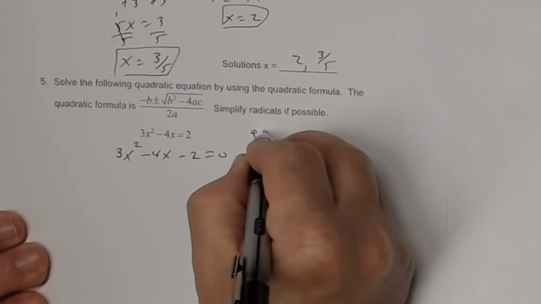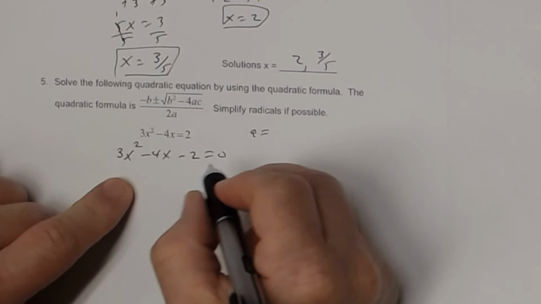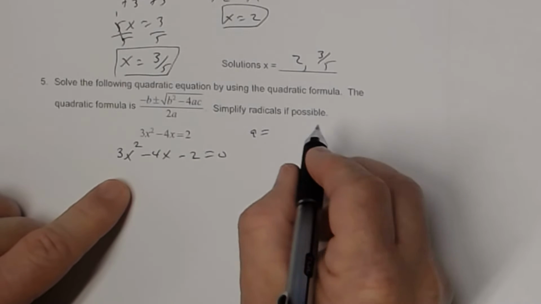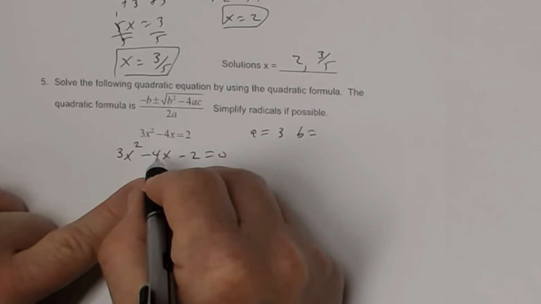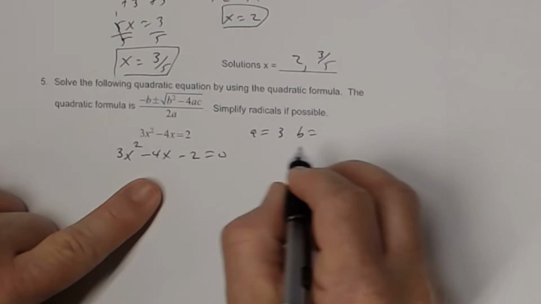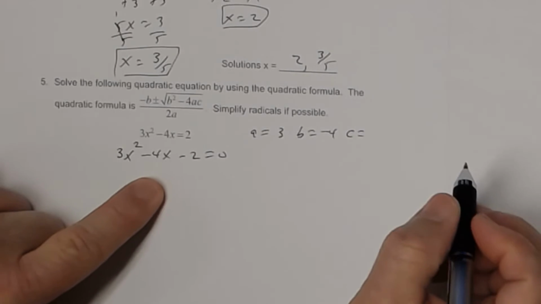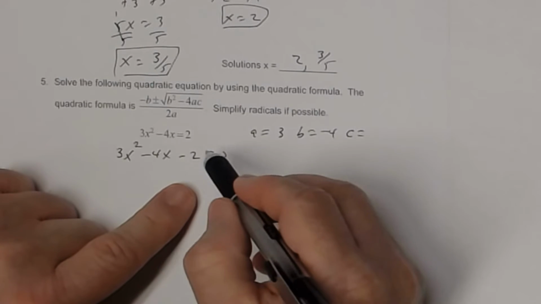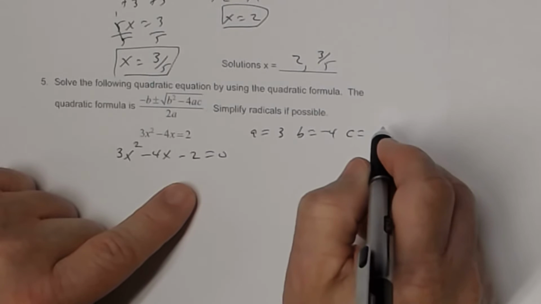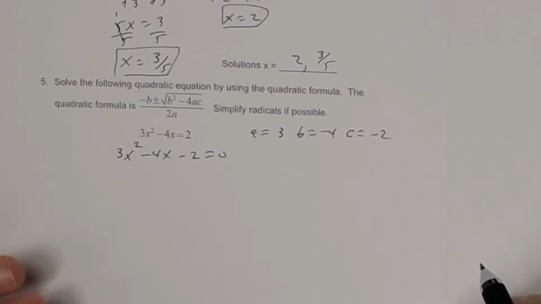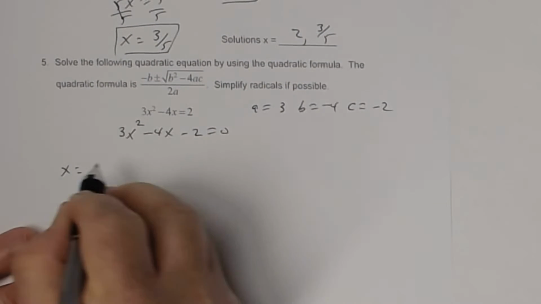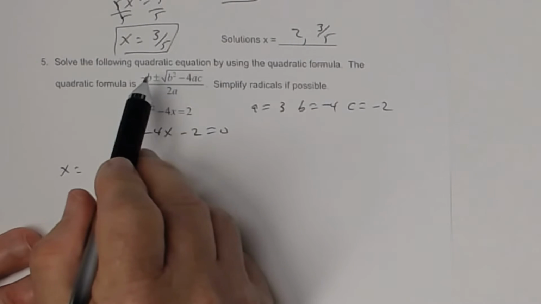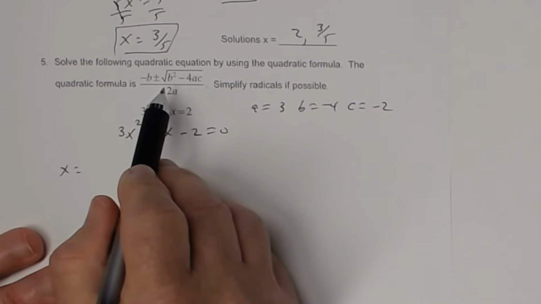And then let's go ahead and determine A, B, and C. A is the coefficient of x squared, which is 3. B is the coefficient of x, which is -4. And C, now you see that C is a -2, not a +2. All right, so we get x equals, and we just substitute all these values into the quadratic formula.